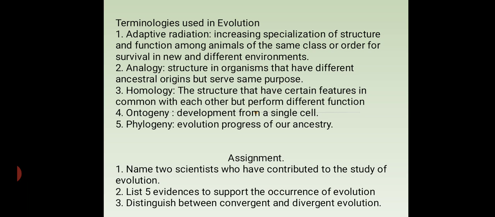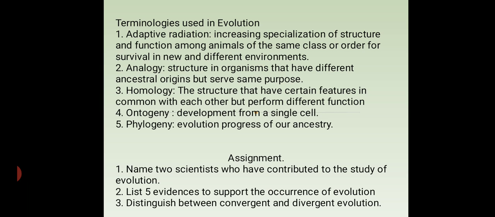The structure that develop from different ancestral origin, but they perform the same function. The third terminology is homology. This is a structure that have certain features in common with each other but perform different functions. These include the limbs of man, okay, the limbs of dog.